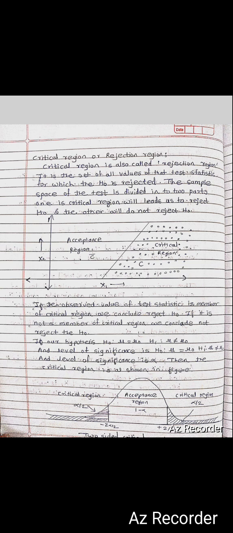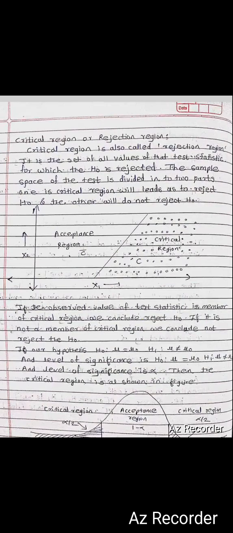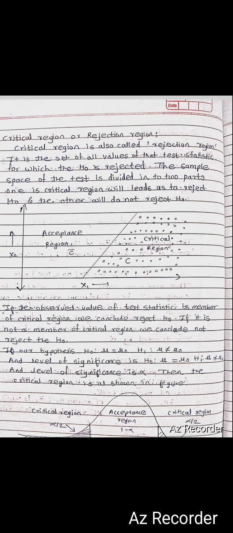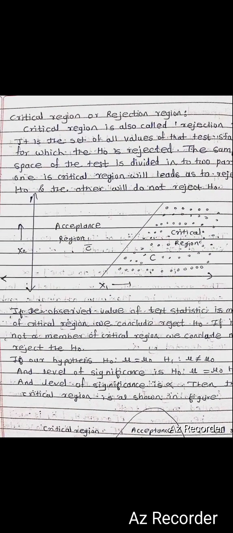And whenever the value is in between our range, then it is called the acceptance region. If the observed value of the test statistic is a member of the critical region, we conclude reject H0. If it is not a member of the critical region, we conclude do not reject H0.